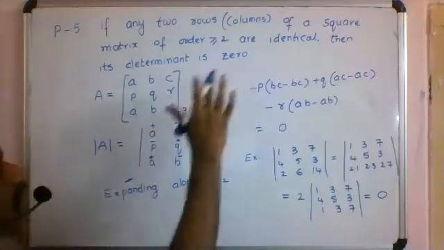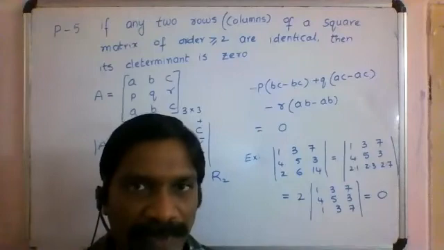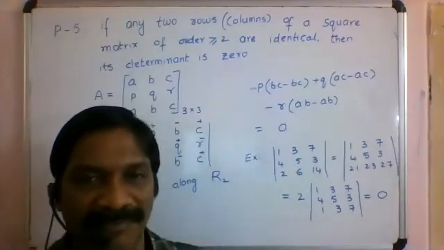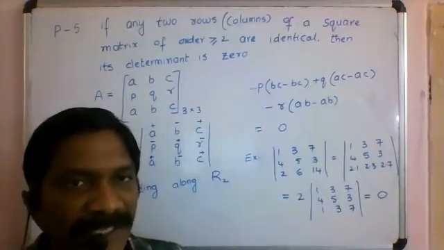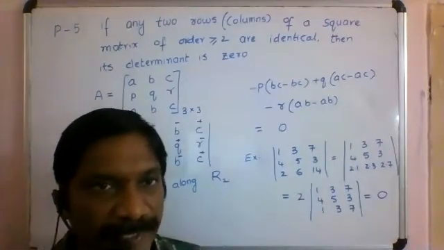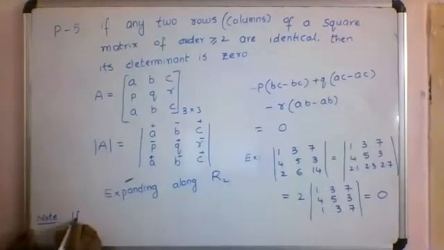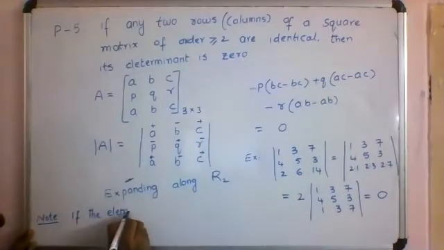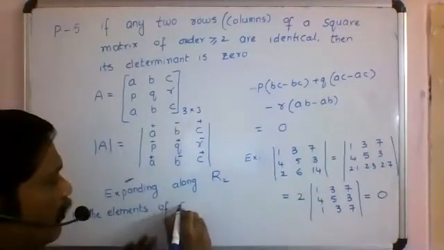So I can make this statement in this way: if any two rows or columns are in the same ratio, then its determinant value is 0. So note a point here. Each and every number over here is an element.